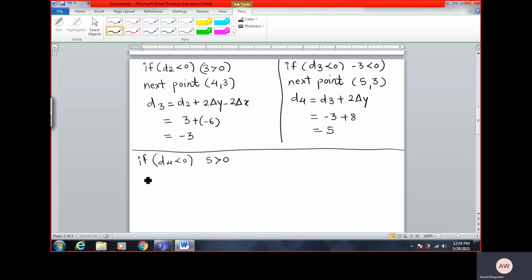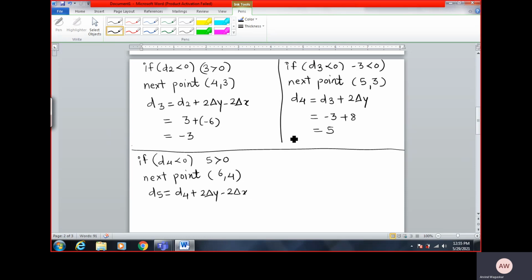If it is greater than 0, then your next point is you just have to increase x as well as y. So previous x y was 5 3, now it becomes 6 4. Okay, it becomes 6 4, and new d, that is d5, is equal to previous d plus twice delta y minus twice delta x.